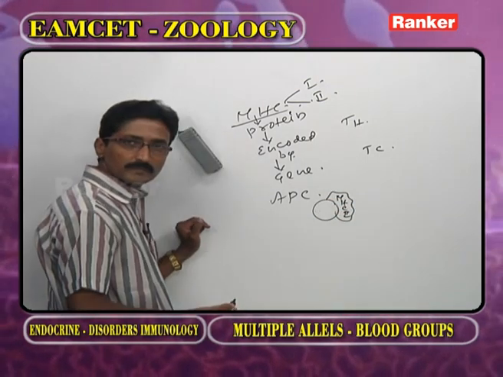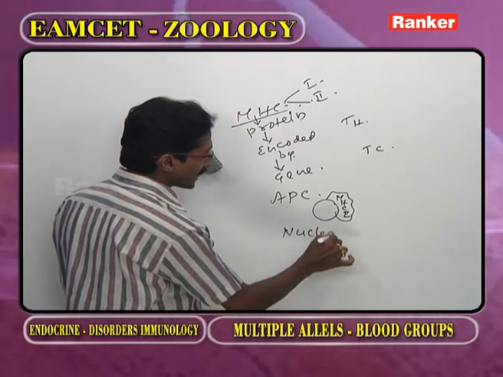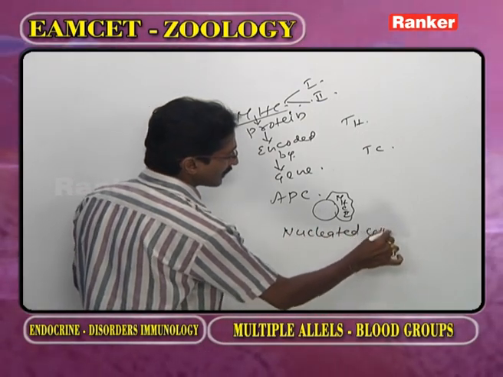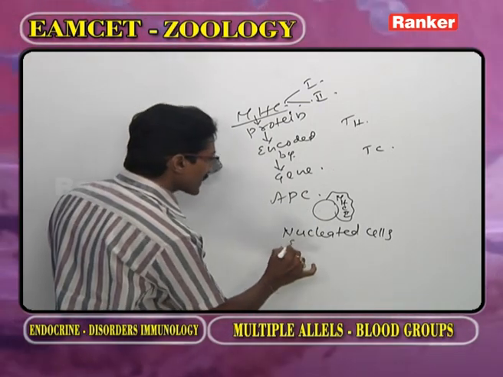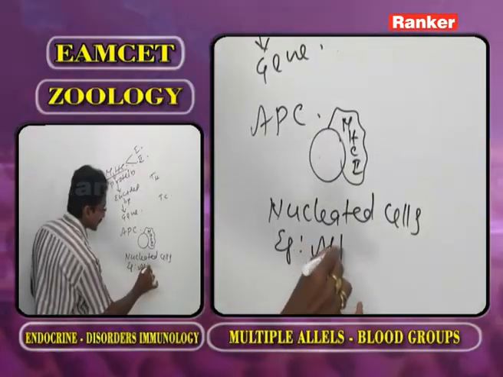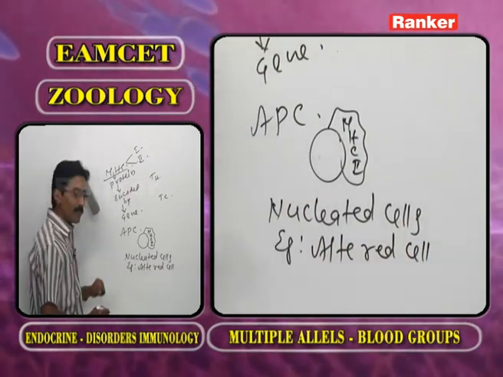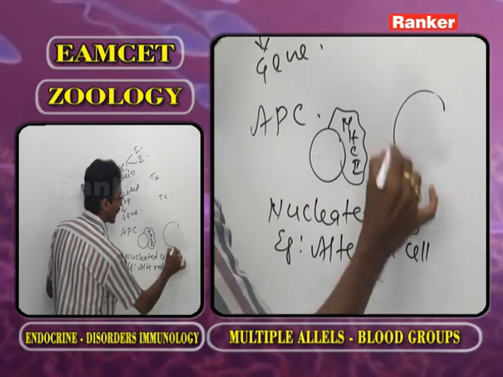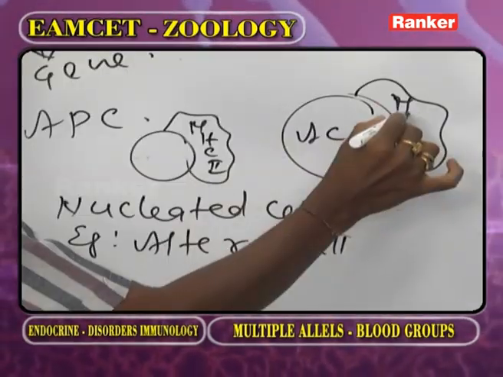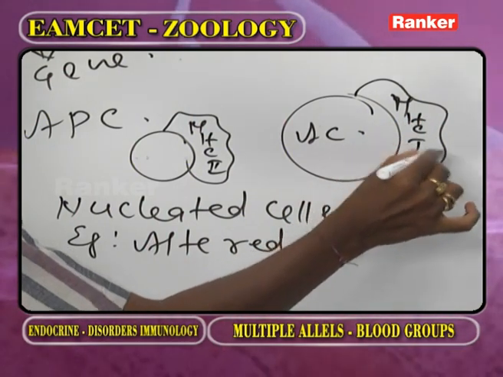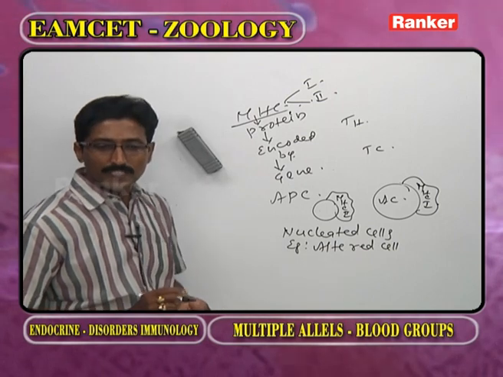MHC2. Now, as we observe, the nucleated cells participate in the immunity, one example is the altered cell. On the surface of the altered cell, what is present? Class 1 MHC. Now you observe the question.